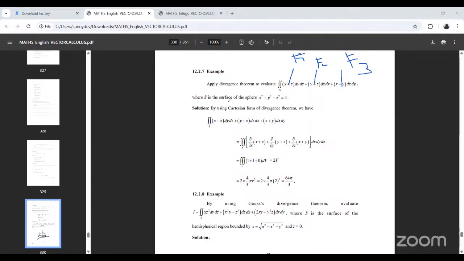Using the Gauss divergence theorem, the integral of F1 dy dz, F2 dz dx, and F3 dx dy is the triple integration of divergence of F into dV.